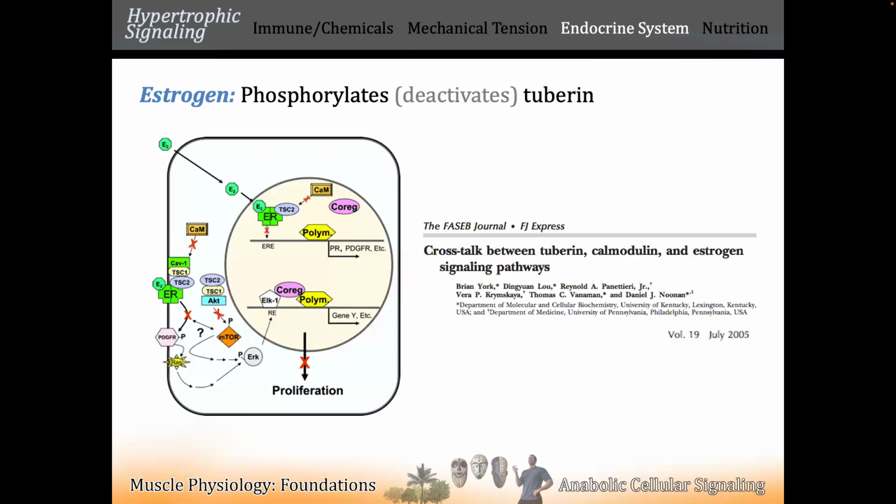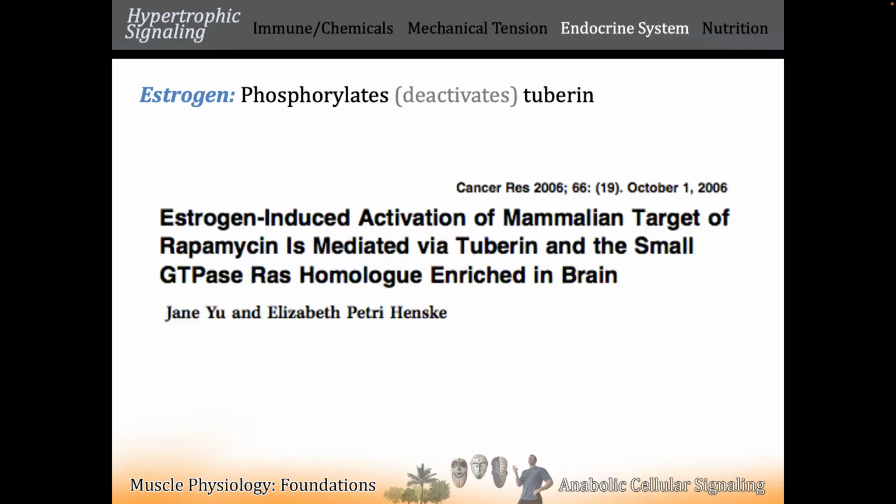Now, it depends what cells we're in, but this is another potential anabolic role that estrogen plays, the inhibition of tuberin. This is another study examining the same phenomenon. That whole bottom line, that's REB, right? Ras homolog enriched in brain, which is a GTPase. So when estrogen deactivates tuberin, it's activating REB, so mTOR can be turned on.